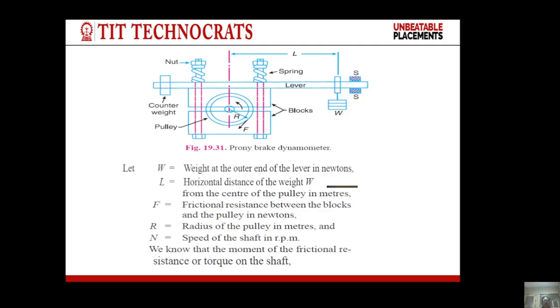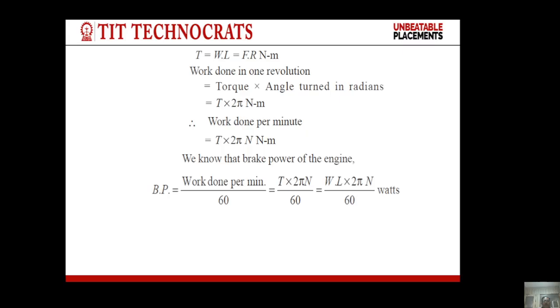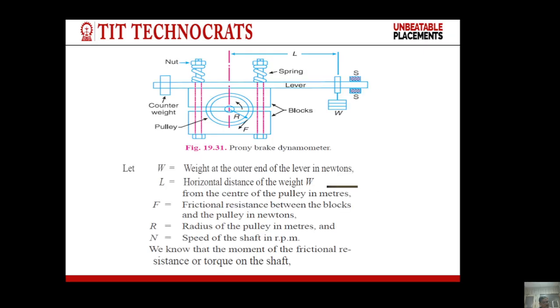This is the diagram of the Prony brake dynamometer and the construction is shown in this diagram. These are the notations which are used for the calculation of brake power. Brake power comes out to be W L into 2 pi N by 60 watt.